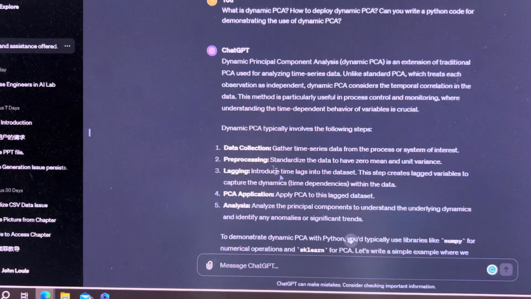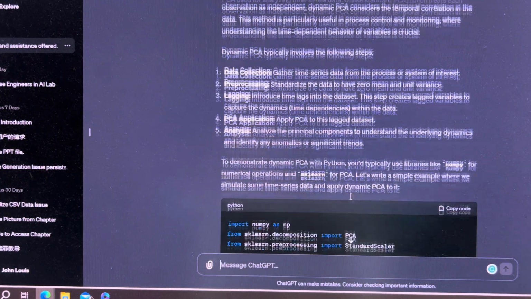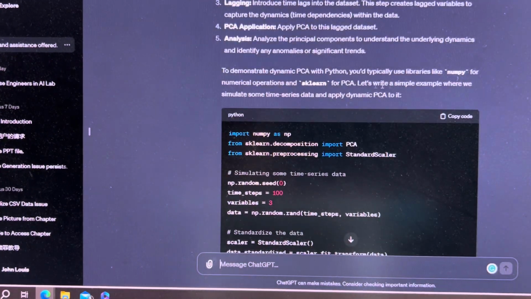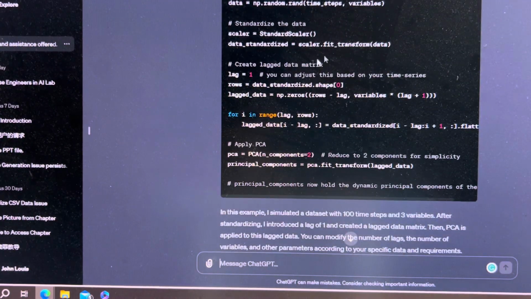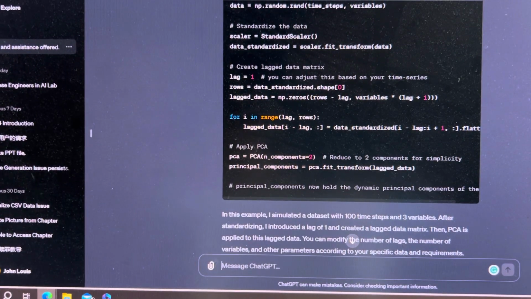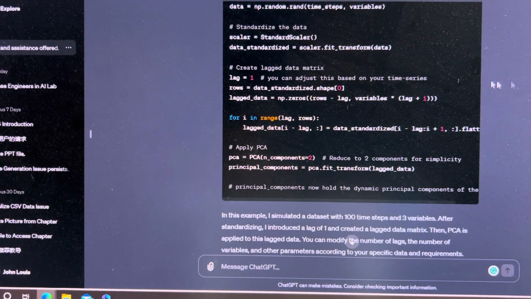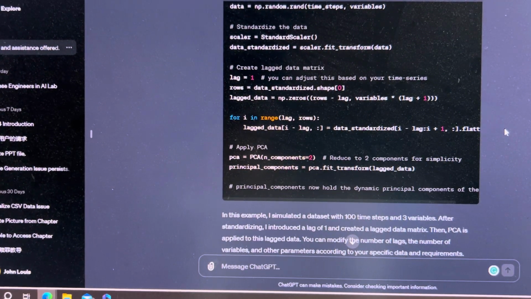It then gives you the steps and how you're going to do that. Then again, I asked, can you give a Python example? It produces a Python example. Typically, what I would do is copy this and paste it into Python or Jupyter Notebook, Jupyter Lab, and then you can test run it, as a learning exercise.